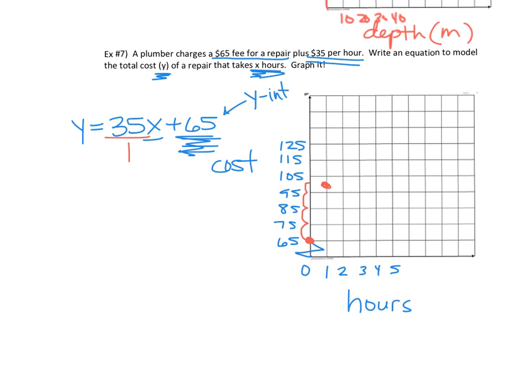Now do it again, but you have to be careful because we're in the middle of 1. So if I go up 10, 20, 35, and over 1, then I'm going to be right here. So my graph looks like this. Does that make sense?